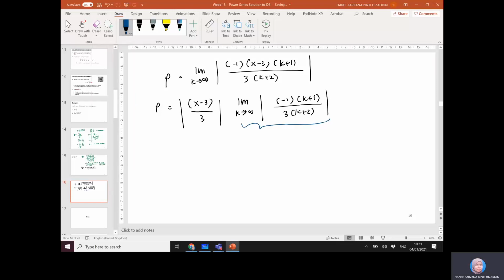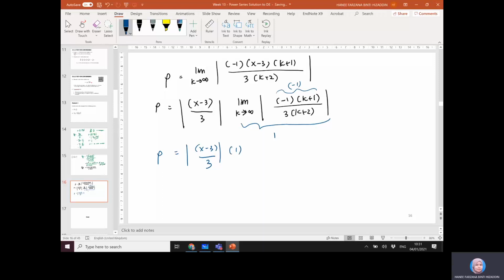You can try to figure it out on your own. The whole thing here is 1. As k approaches infinity, the inside will be approaching -1, but we just want the modulus, so we just take 1. So rho equals the modulus of x minus 3 over 3 times 1.